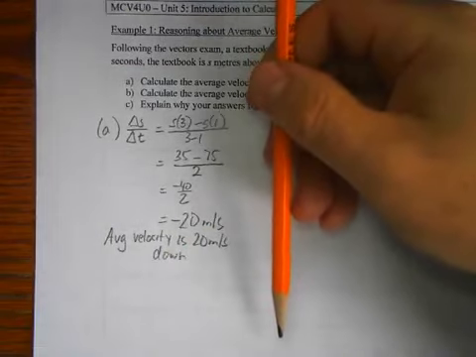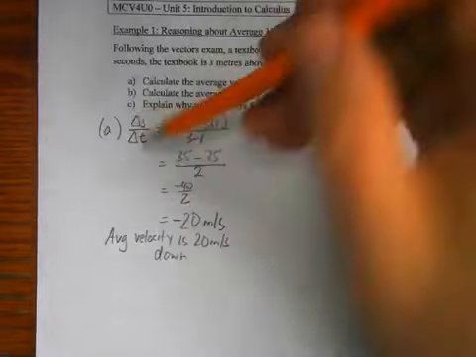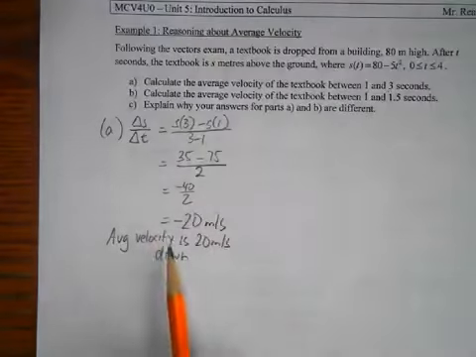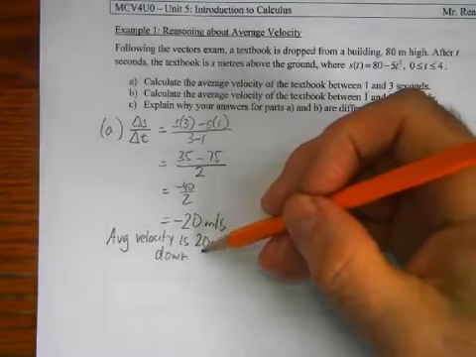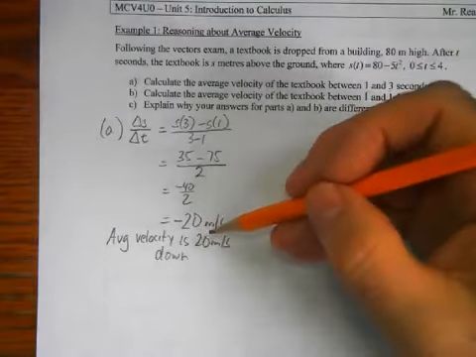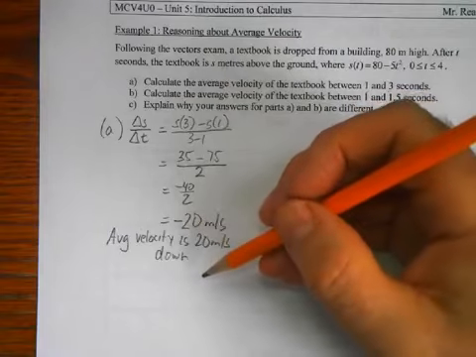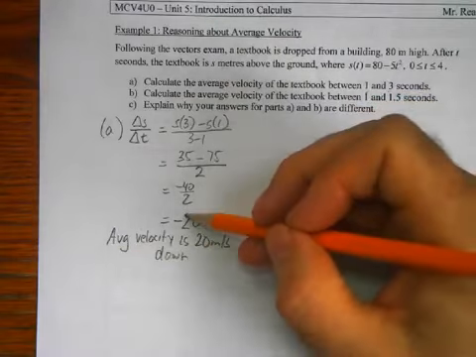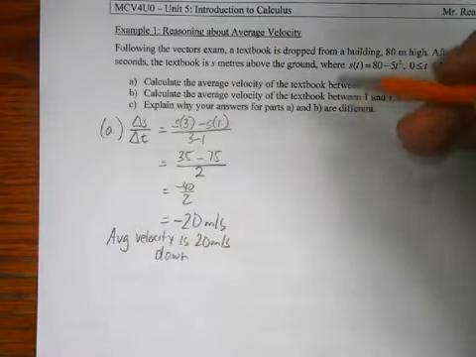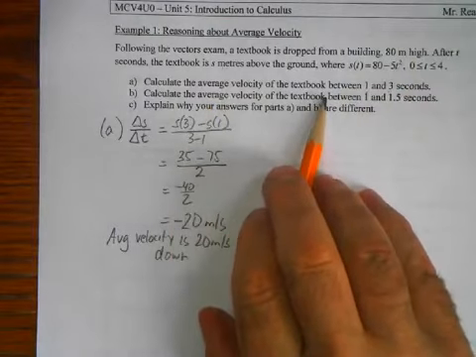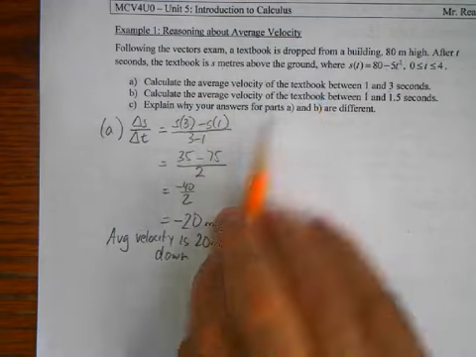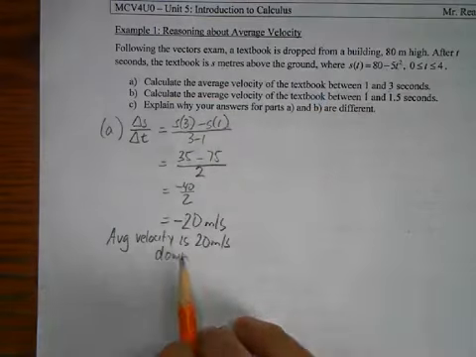The book is falling down. If it was a plus 20 meters per second, the position would be increasing, it'd be going higher in the air. But obviously anything falling is going down, so that's what the negative sign relates to. Okay, so that answers the question, the average velocity between 1 and 3 seconds.